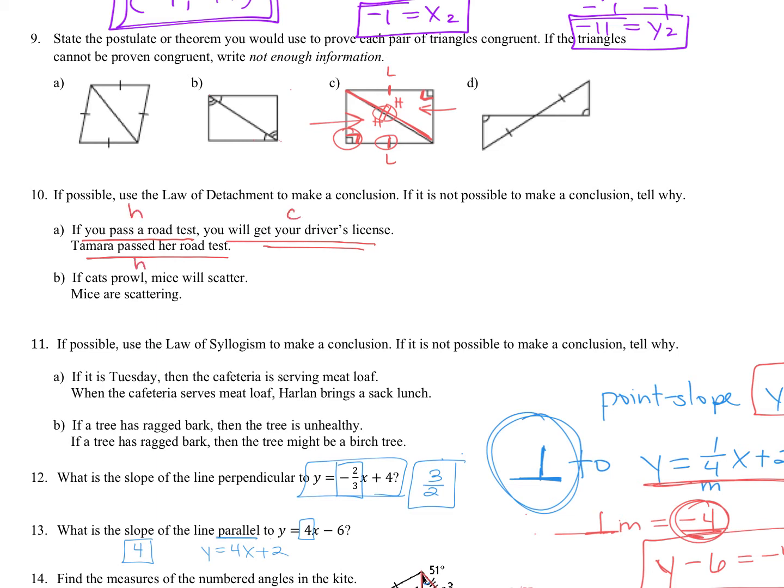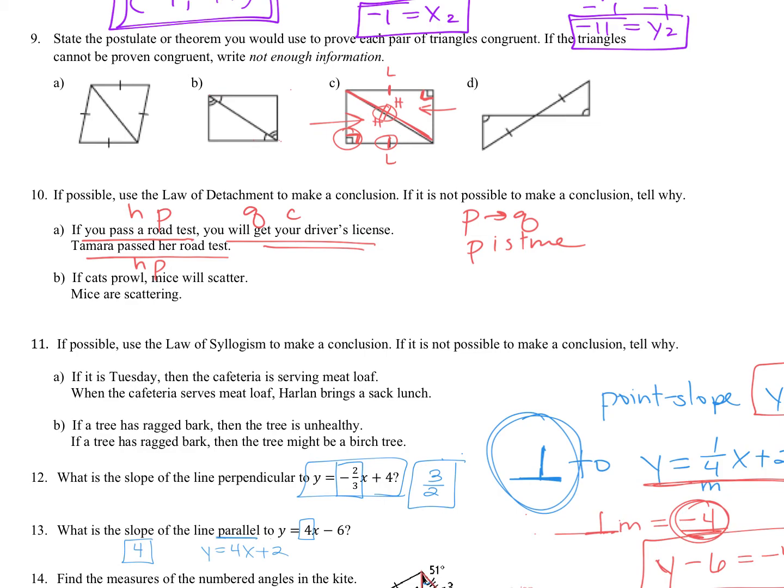They gave you the hypothesis back, so you say the conclusion back. Tamara will get her driver's license. Right? This is if P, then Q, and they say P is true. Then you say Q will be true. You say Tamara got her driver's license.